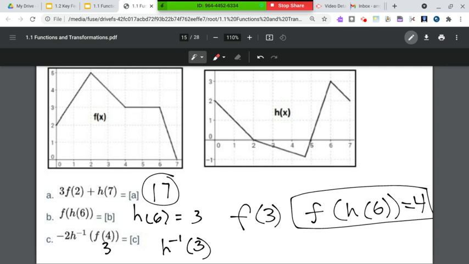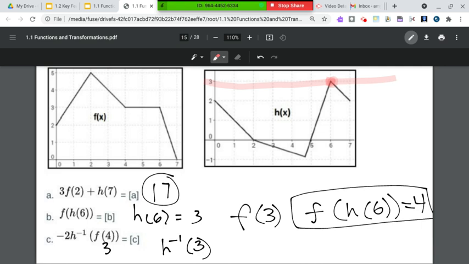Remember, when y is 3, what is the x value? I made it dark.